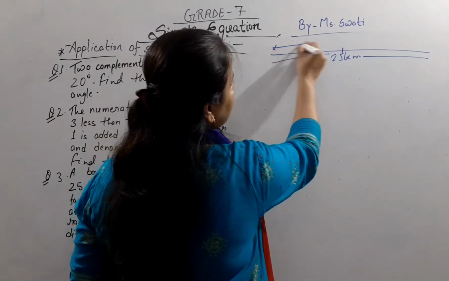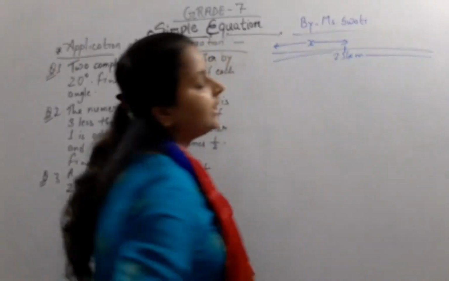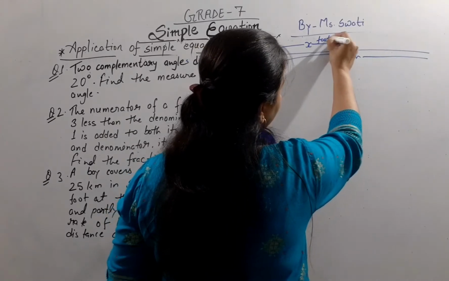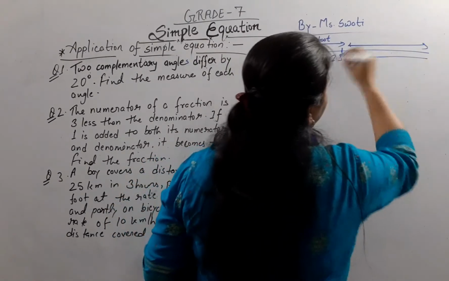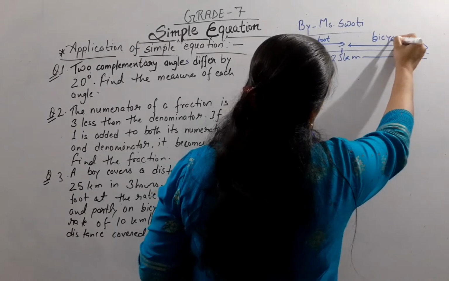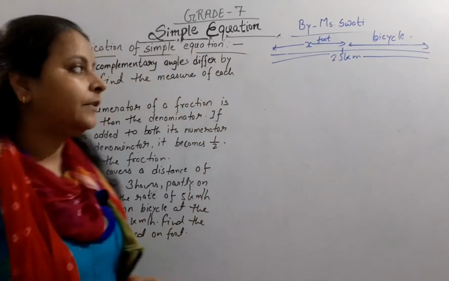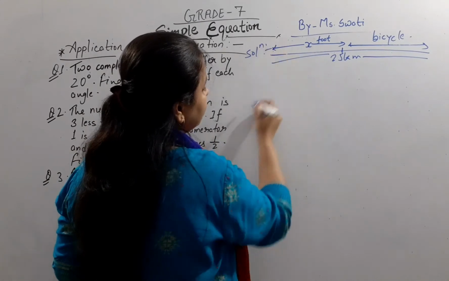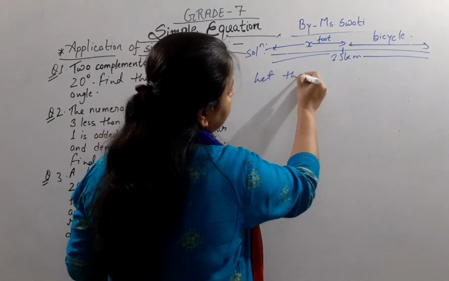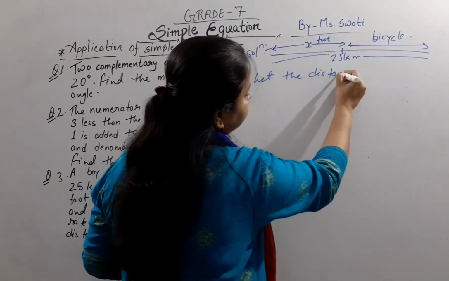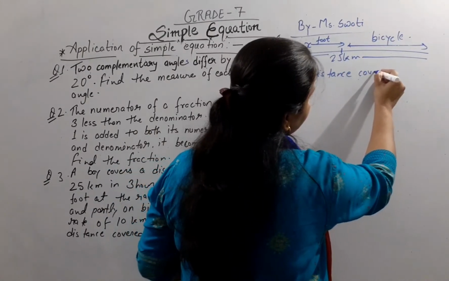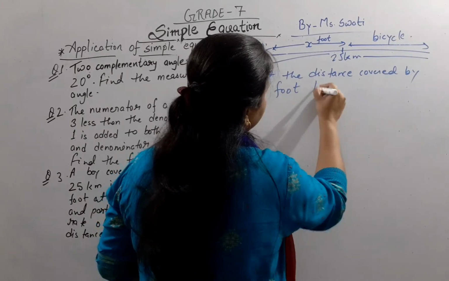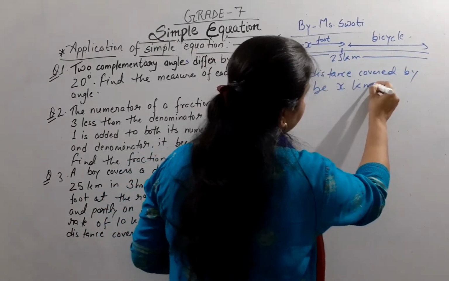Let me suppose that this distance he covered by foot and this distance he covered by bicycle. Okay. So what do we have to do first? First we have to suppose, let the distance covered by foot be x kilometer.